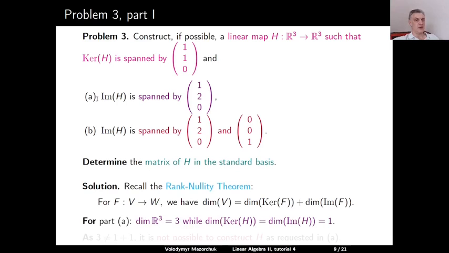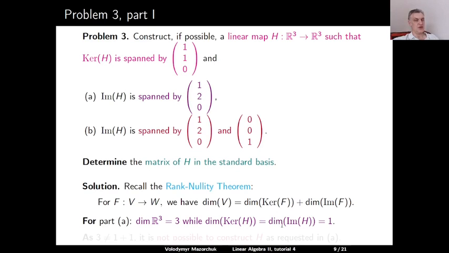For part A of our problem, we have that the original vector space from which H starts is R3. It has dimension 3. And part A asks us to construct an H for which the kernel is spanned by one non-zero vector (1, 1, 0). So the kernel will have dimension 1. And the image should be spanned by one non-zero vector (1, 2, 0).